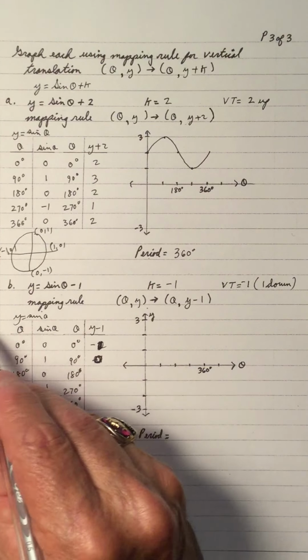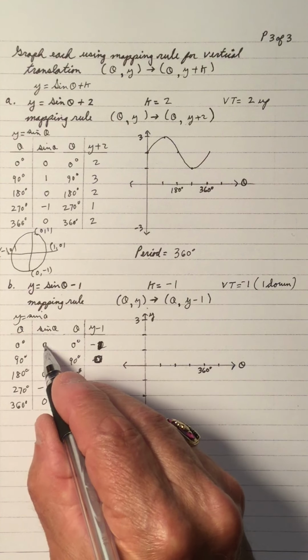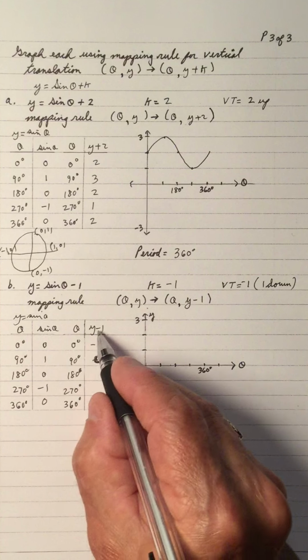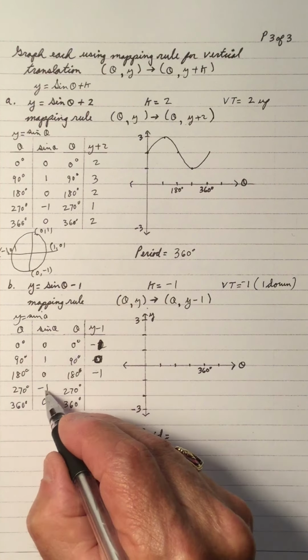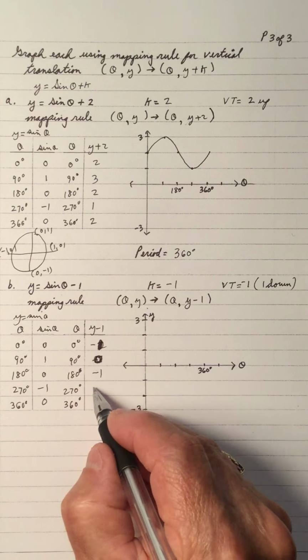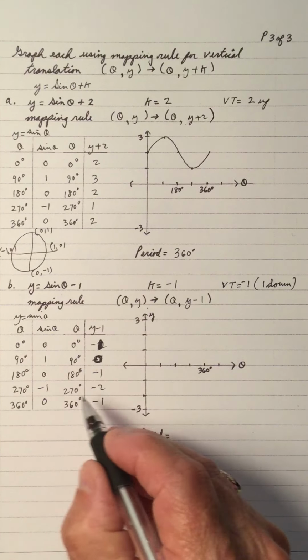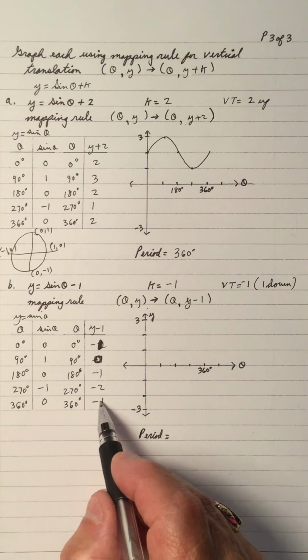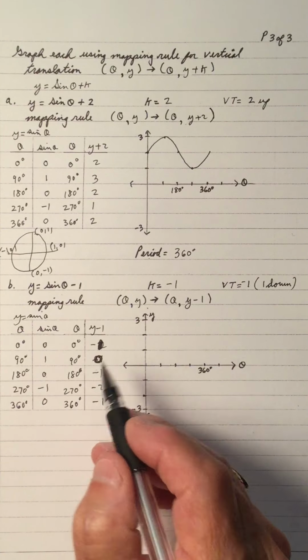So I put 0 in here, I get a minus 1. Put a 1 in here, I get a 0. Put a 0 in here, I get a minus 1. Put a minus 1 in the place of y, I get a minus 2. Put 0 in, I get minus 1. So 0 is minus 1, and the 1 gives me a 0, and negative 1 gives me negative 2.